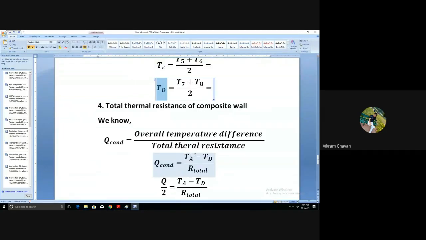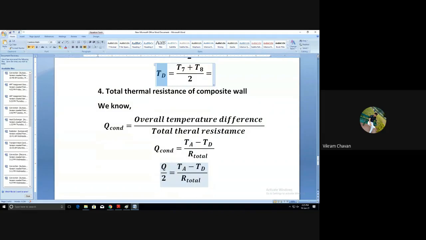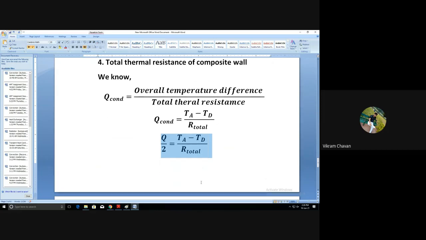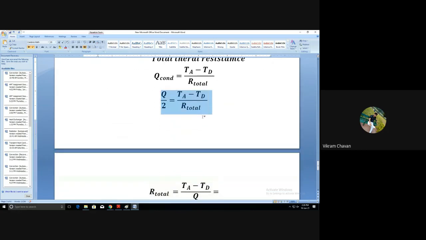So TA is the initial temperature and TD is the final temperature, and R total will be considered as the total thermal resistance. But in our case, Q will be considered as Q by 2, as half of the heat is traveling in the upward direction and half in the downward direction. So we have to consider Q by 2. So Q by 2 is equal to Ta minus Td divided by R total.